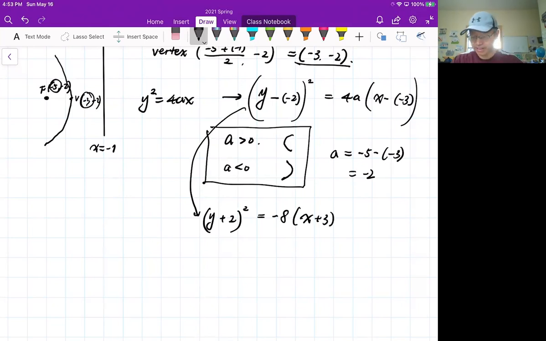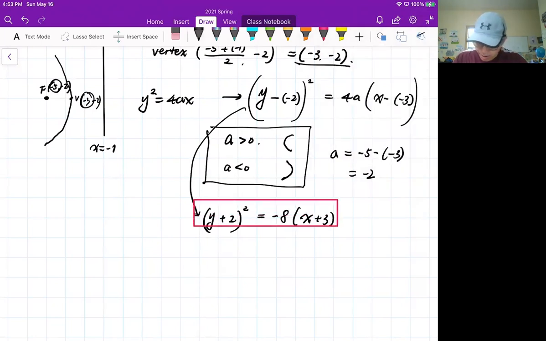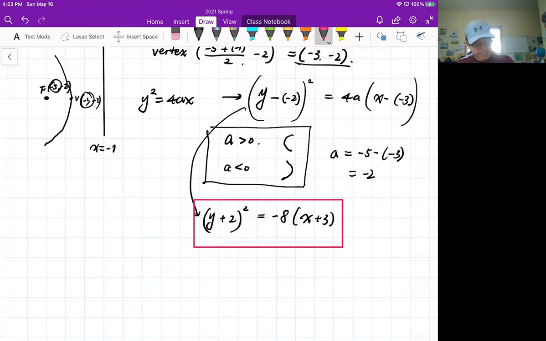Okay, so that's our answer here. Are there any questions? Or if you want, you can rewrite that: x squared is equal to, divide both sides by 8, so it's -1/8, right? Times y plus 2, and then move the 3 to the other side, so it's -3.